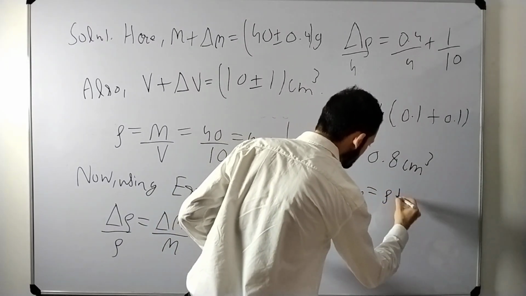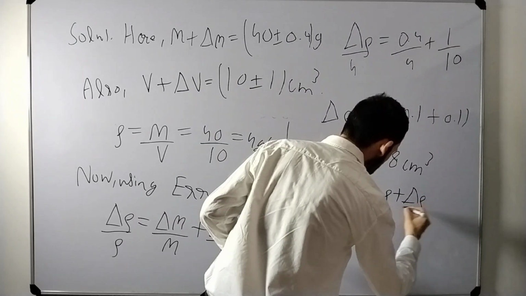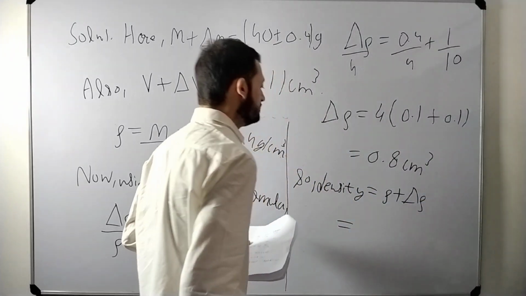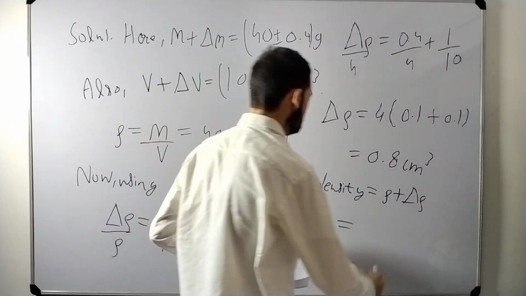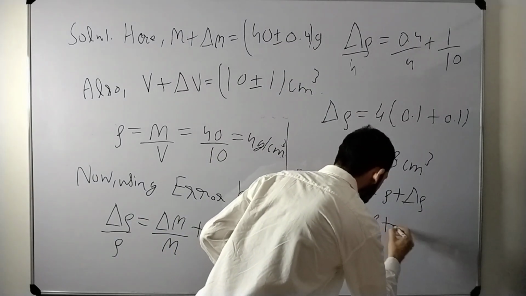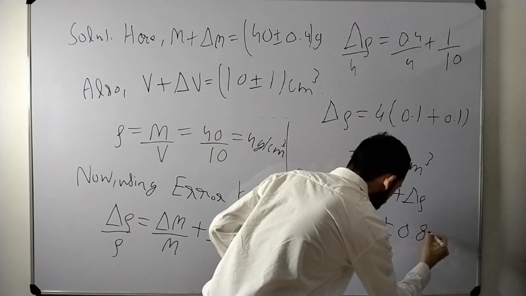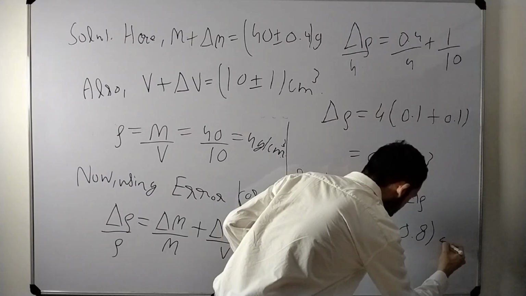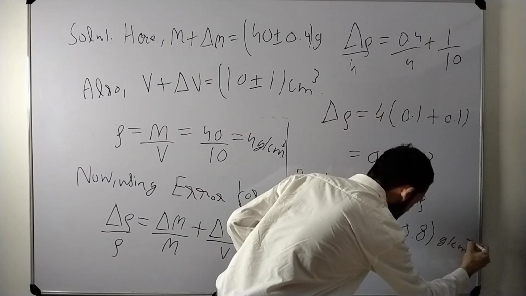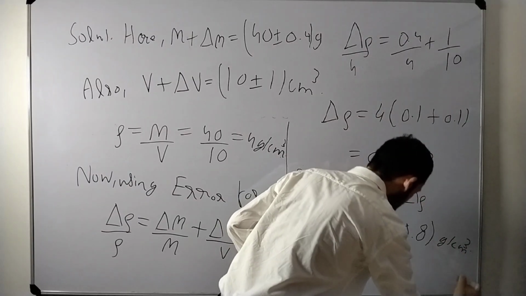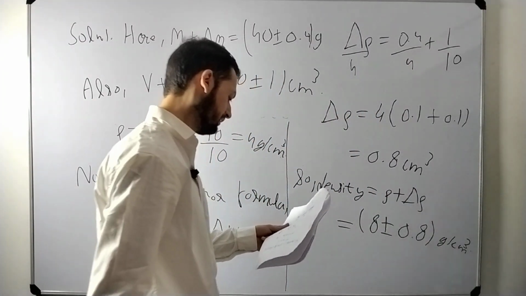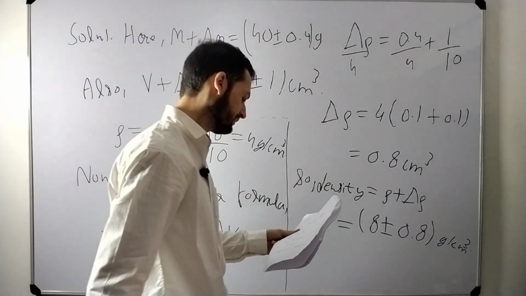So rho plus minus del rho, and this makes, students, what? 8 plus minus 0.8 gram per centimeter cube. Yes, very nice, students. Very nice. This is the density.